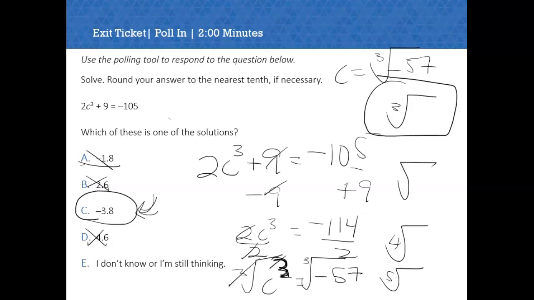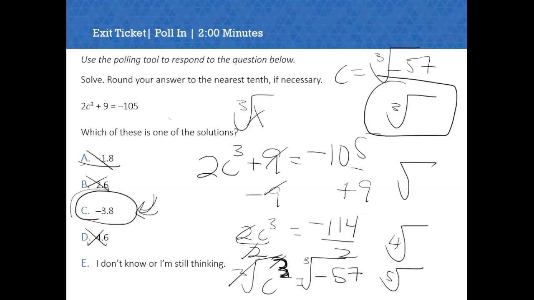If you have an iPhone, on the calculator, there is a cube root button if you turn your phone sideways, and it's kind of right in the middle, and it just looks like this. If you put in the number, so for this one you would put in negative 57, make sure you use that minus, and then do that cube root button, and it would give you negative 3.84, 85, and it keeps going.